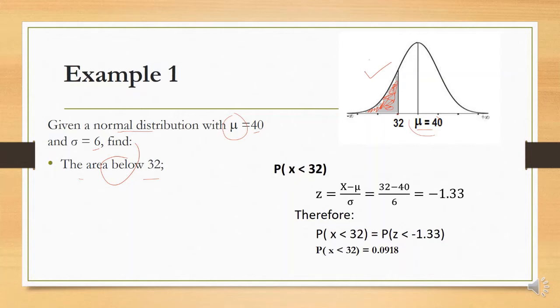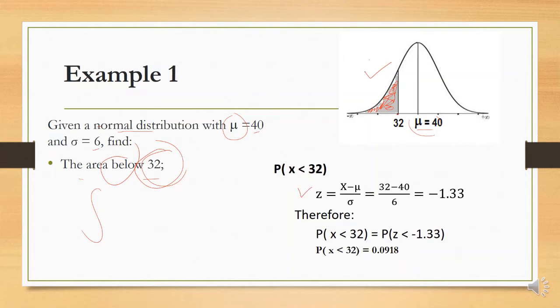Okay? Now, if we use these values, this 32, you would need to go through integration. And since we said we have a translation so that we can read the table, we just use the standard normal variable.